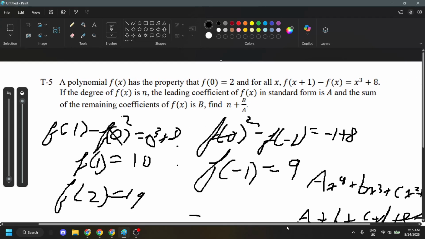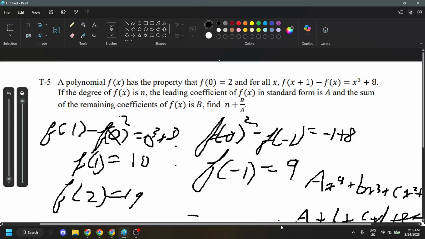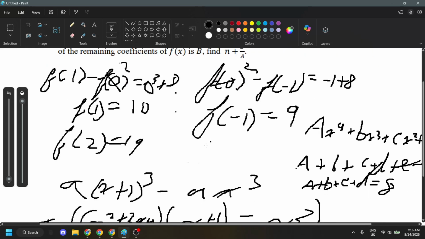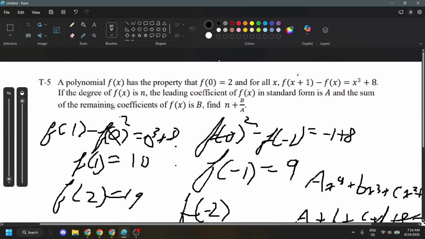We know f of 0 is 2, but we can't find anything in between. But we could sure find something here. We put f of negative 1 here. We need f of negative 2. So f of negative 1 here gives us 9.